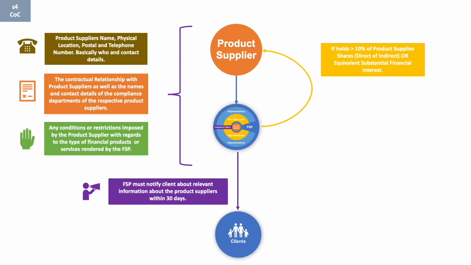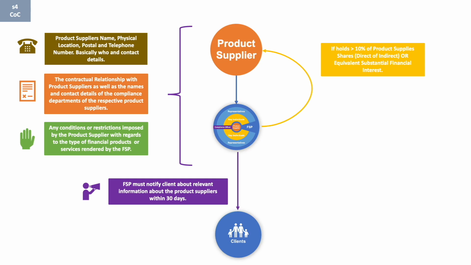If the FSP holds more than 10% of the product supplier shares directly or indirectly. When we say directly, that would mean the FSP holds the shares in the product supplier. When we say indirectly, it would mean that we hold the shares in some other way, either through another company or person.